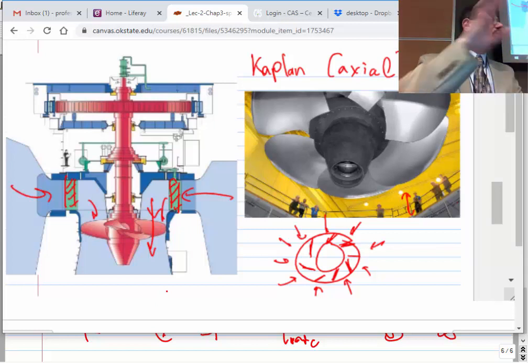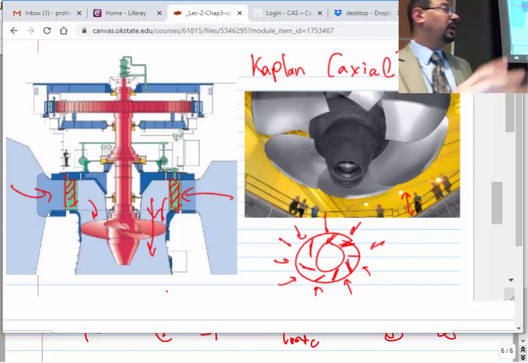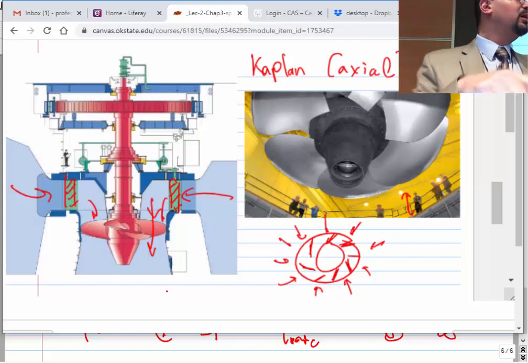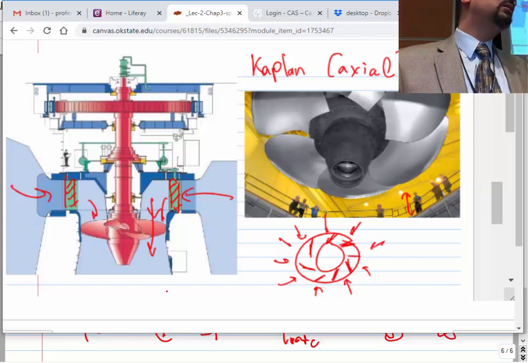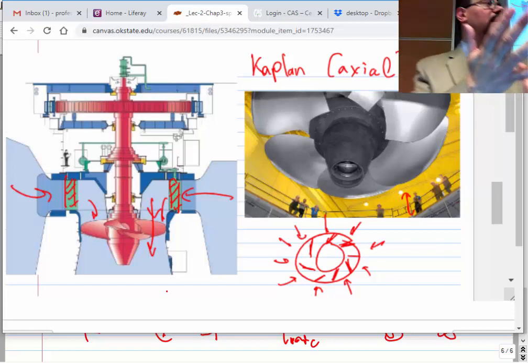And the torque equation: torque is m dot times (r2 V2 theta minus r1 V1 theta). And you see that there's a huge V1 theta and a zero V2 theta, so the torque will be big, and that torque multiplied by omega is the power that will be extracted. Okay? So you see there are two sides of the coin.